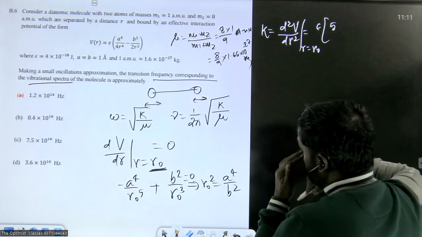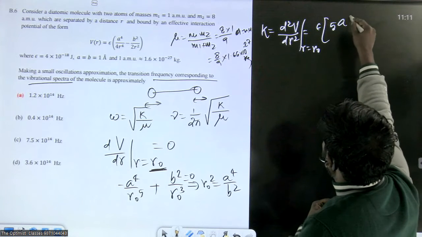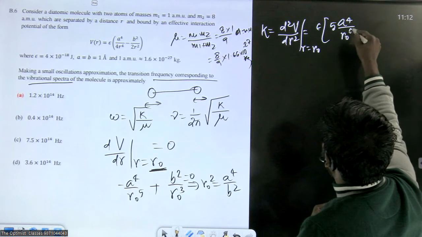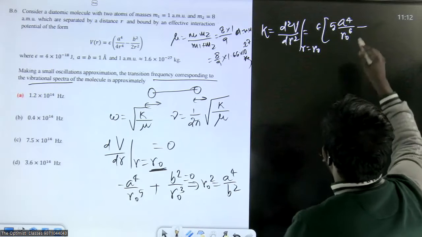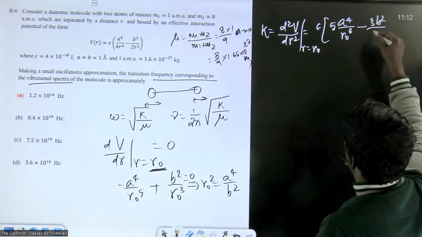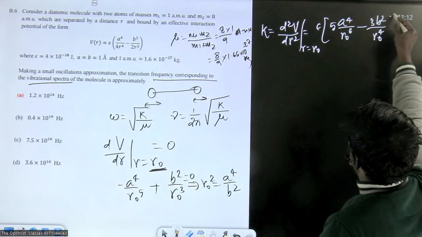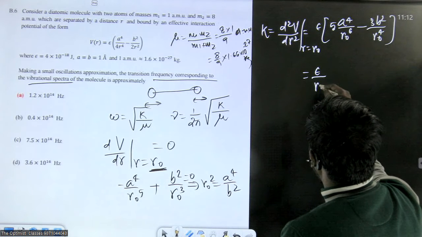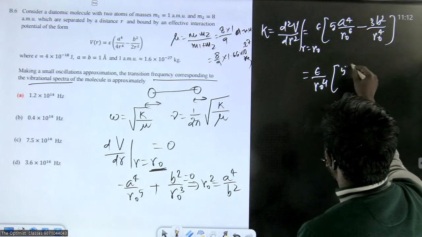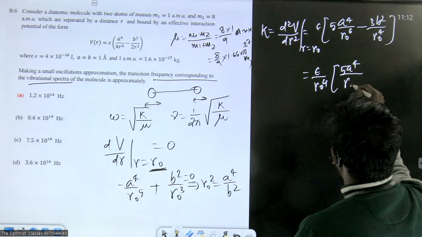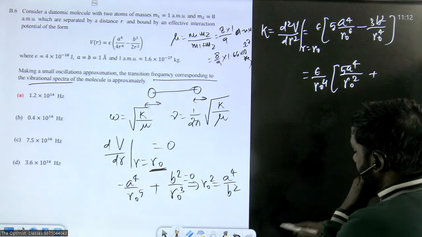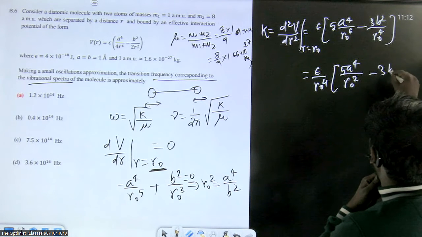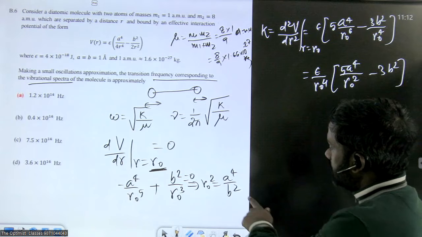You will get 5 a to the power 4 by r naught to the power 6 minus, here you will get 3b square by r naught to the power 4. So you can take epsilon by r naught to the power 4 common, and here you will get 5 a to the power 4 divided by r naught square and minus 3b square. That's what you get. Now you put r naught square here.